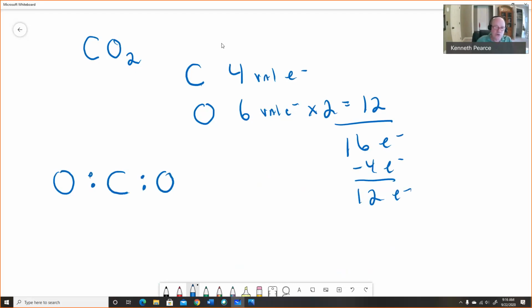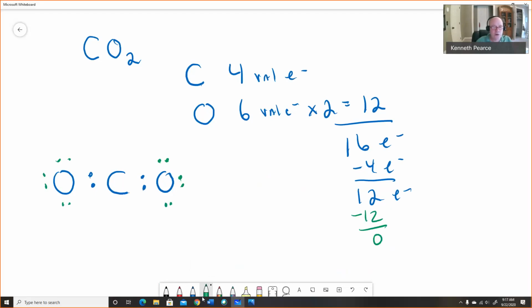And we have room for 6 more electrons on each one of these oxygens. So let's put down the 6 electrons on each oxygen. That would be 12 total, and that would leave me with 0. So 1, 2, 3, 4, 5, 6. 1, 2, 3, 4, 5, 6.